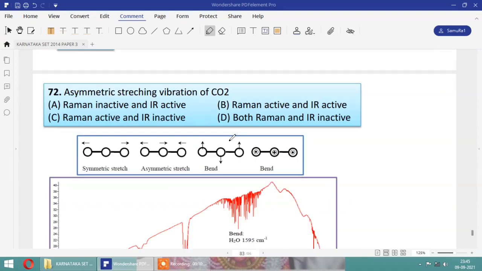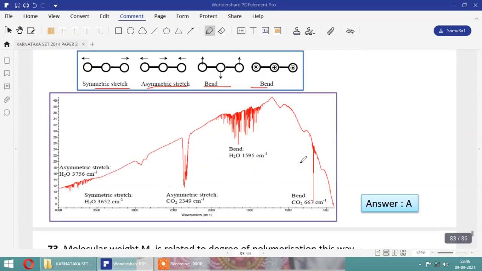Asymmetric stretching vibration of carbon dioxide: Raman inactive and IR active; Raman active and IR active; Raman active and IR inactive; both Raman and IR inactive. Here you see, for carbon dioxide there occur symmetric stretching, asymmetric stretching, and bending vibration modes.